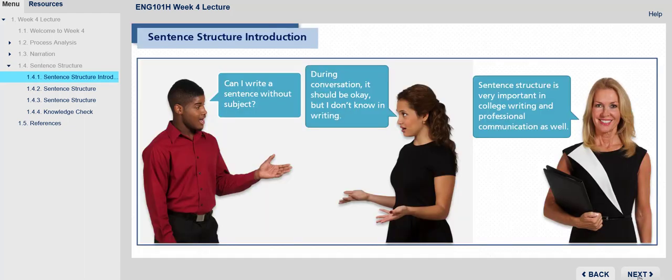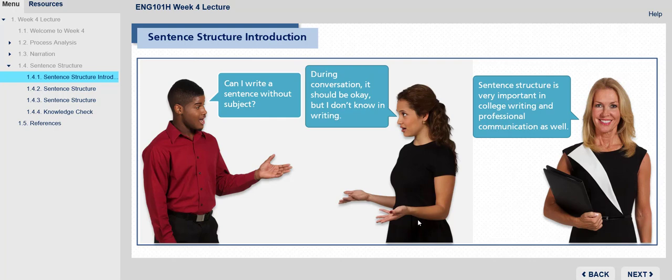Here I'm going to go over: can I write a sentence without a subject? During conversation it should be okay, but I don't know about in writing. We already know that if you write a sentence without a subject, you have a sentence fragment, because every complete sentence has to have a subject, verb, and object.